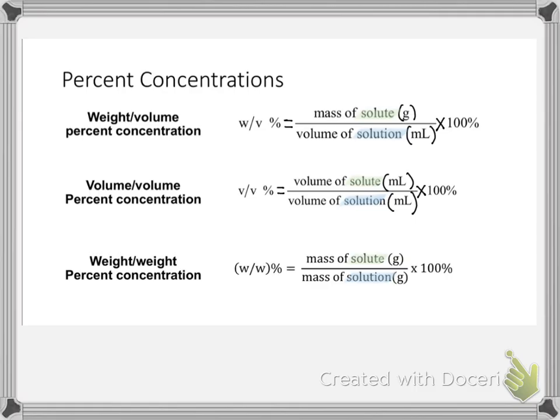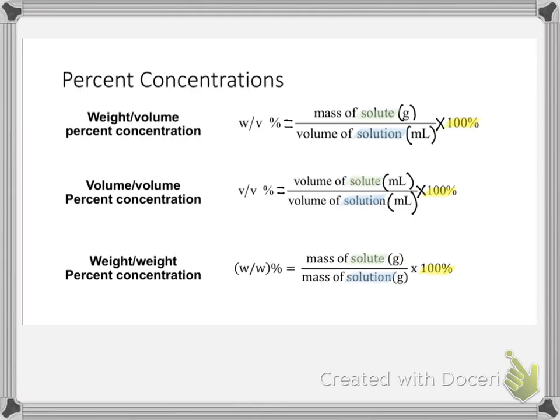And then because it is a percentage, they're all multiplied by 100. So that part is all the same. Now what's different is what is being compared. So we have both the use of volume and the use of mass or weight.